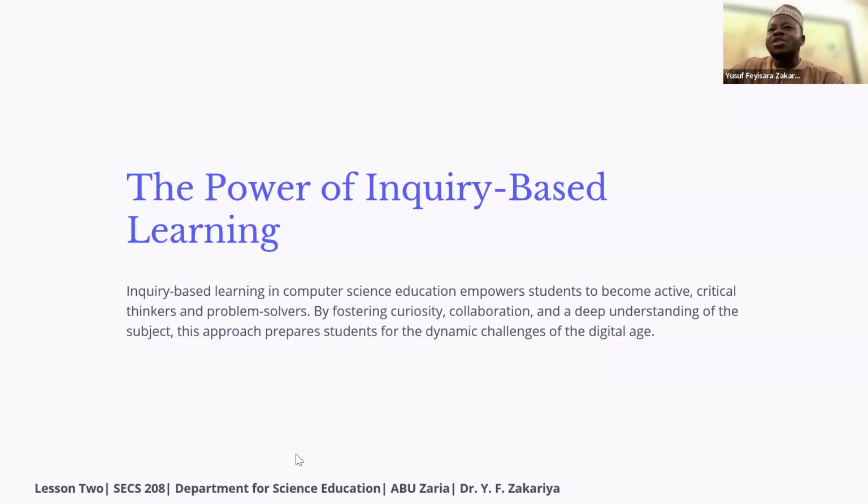Option A, it focuses on rote memorization of facts and theories. Option B, it encourages students to passively receive information from the teacher. Option C, which nobody has chosen, it relies heavily on standardized testing to measure student understanding.